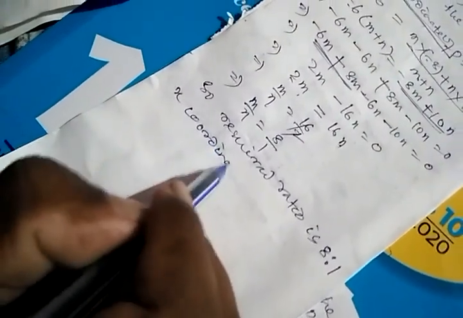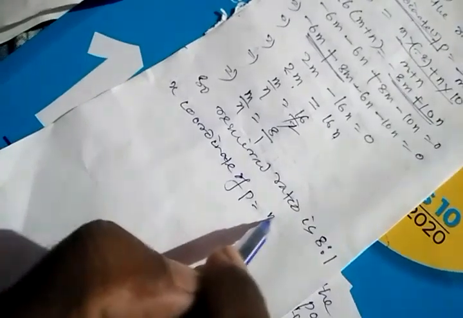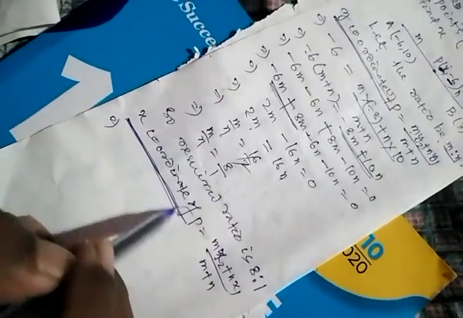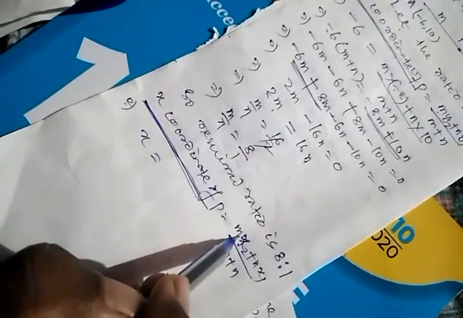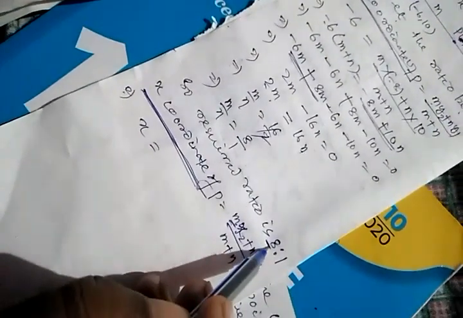Now again we are asked to calculate what is the x. So we have to take another for x coordinate of p. X coordinate of p formula equals to m x2 plus n x1 by m plus n. x coordinate of p is a variable here. So we start left side, x is equal to what is m, already ratio given here m 8 into what is x2. x2 is 3, write here 3, plus n means 1 into what is x1, minus 6, by what is the ratio 8:1 means 8 plus 1.